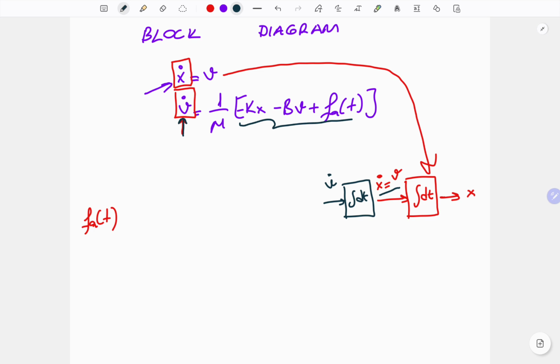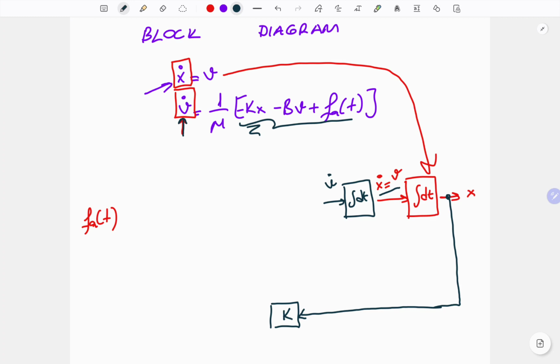There are different ways, but simply let's try to obtain the parameters inside the parentheses. For example, we have k times x. So we need a gain block with the coefficient k, and the input of this block must be x.